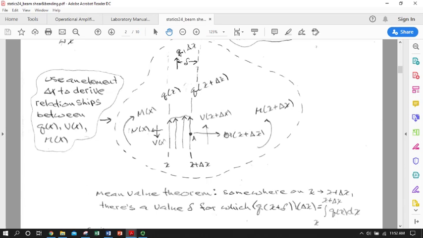So this is normal force at x plus delta x. We've got a moment going in the counterclockwise direction of the amount of some function M at x plus delta x. And of course we have shear in the amount of some function V at x plus delta x. And of course we've also got our distributed load, which we would have to represent with an integral.